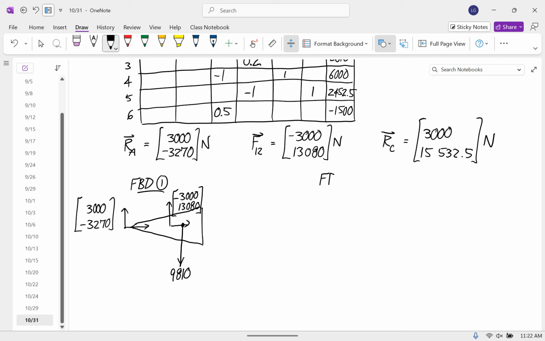And then free body diagram of body 2. We have a weight force of 2452.5, an external force of 6,000, a force up here. This is negative F12, so this is positive 3,000, negative 13,080.